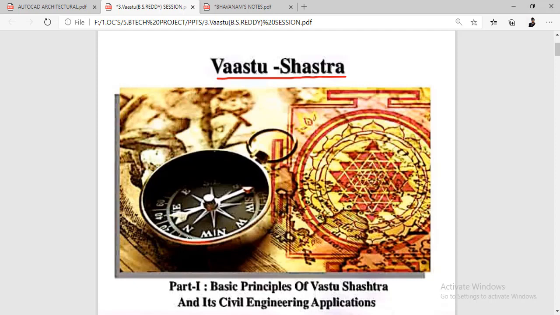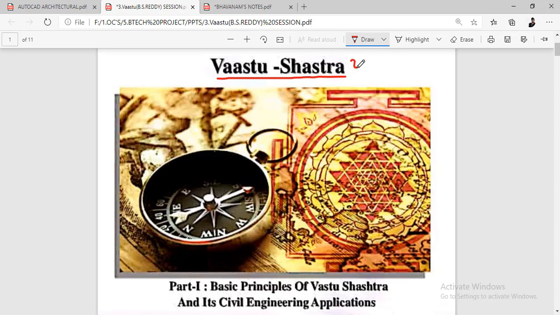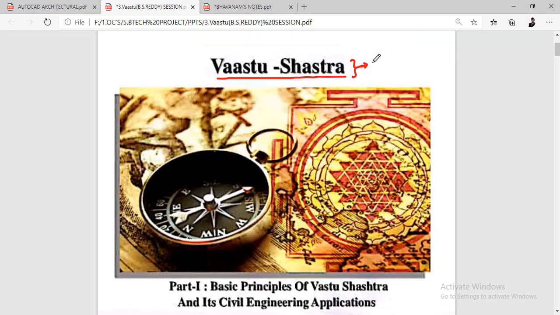But see, I am not telling you Vastu Shastra is not our concept. After the BTech, if you are going to give any plans to clients, they must ask you for the plan as per Vastu. So for that purpose we need to learn Vastu.